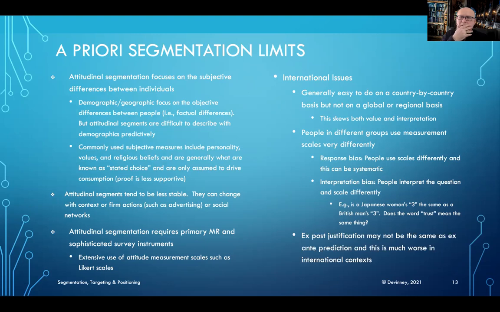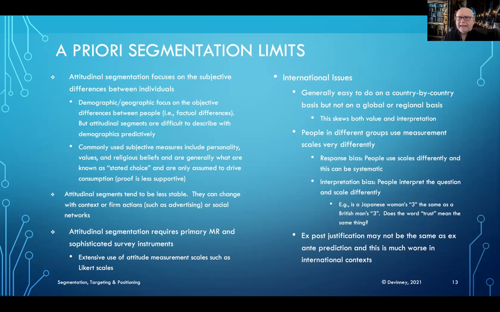And the other is you've got to be very careful because these types of approaches are mainly based upon ex post justification. In other words, they take the data, they hammer away at the data, they see a bunch of different patterns, and they justify those patterns ex post. So the names you saw attached to these different types of segments are ex post rationalizations of what's there.